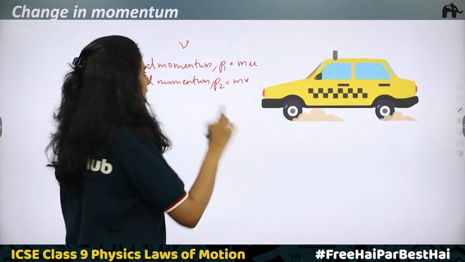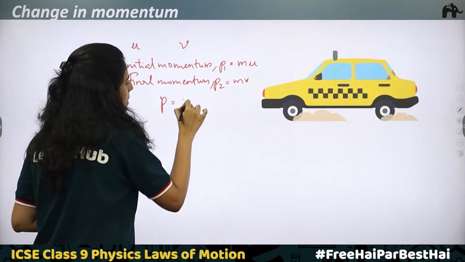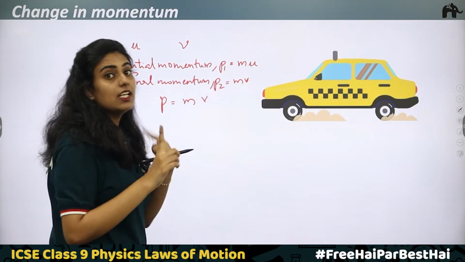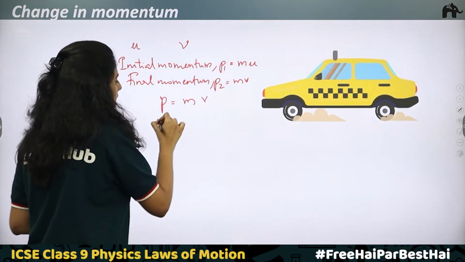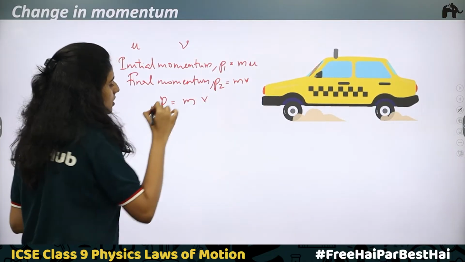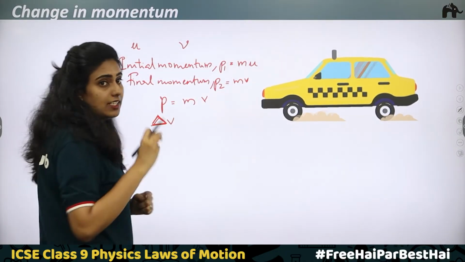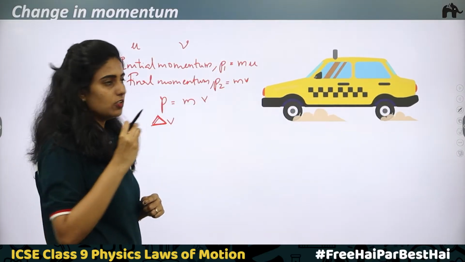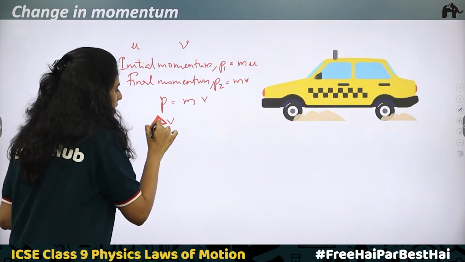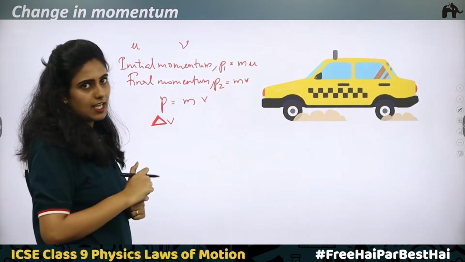velocity v. We have said that momentum depends on mass and velocity. There is a change in velocity, which we can represent as delta v. What does delta mean? This is how delta is represented, and delta means a small change. A small change is represented with the Greek letter delta.